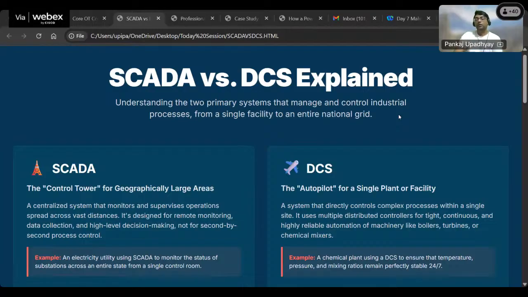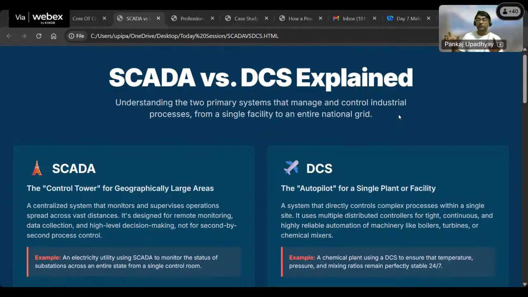So when we talk about SCADA and DCS, what's the major difference between them? SCADA is a supervisory control and data acquisition system, and DCS is a distributed control system. The functioning of both systems is the same.